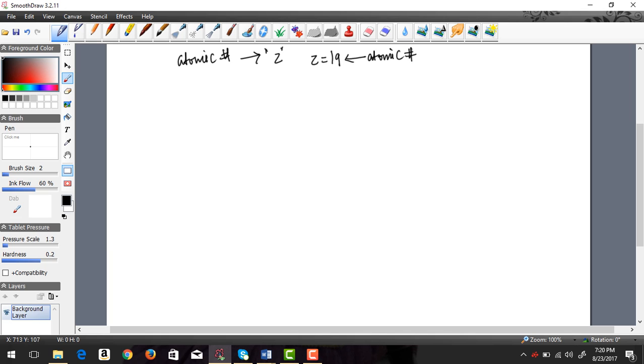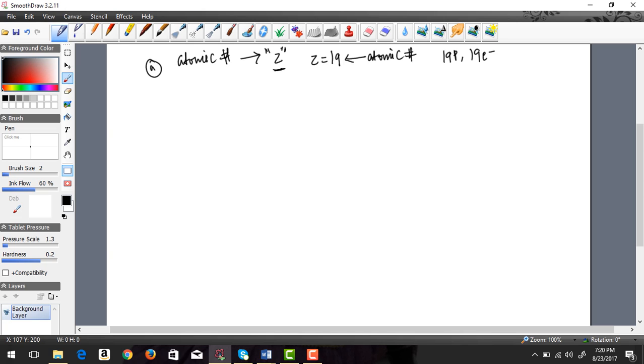Therefore it's got 19 protons and 19 electrons. Nothing has changed. It's just that some textbooks or resources or other chemistry people refer to atomic number as a Z. That's not part of the confusion. I guess everyone seems to be doing okay with it.